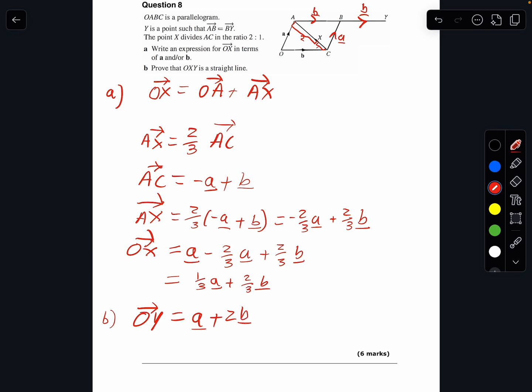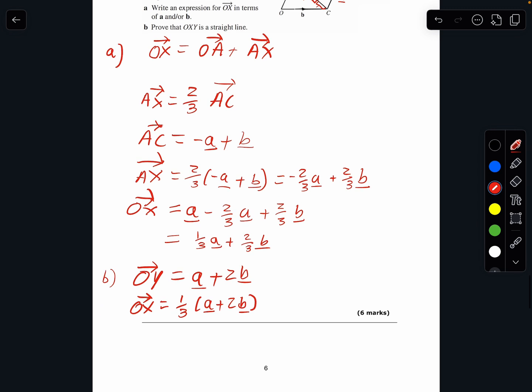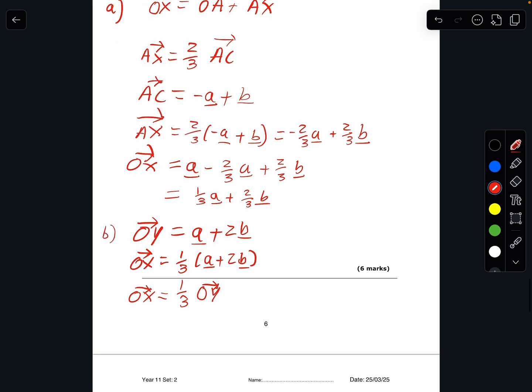Well, it should be obvious now that O to X, I could factorize out a third. That's a third of A plus 2B. So that means that O to X is 1/3 of O to Y, meaning parallel.